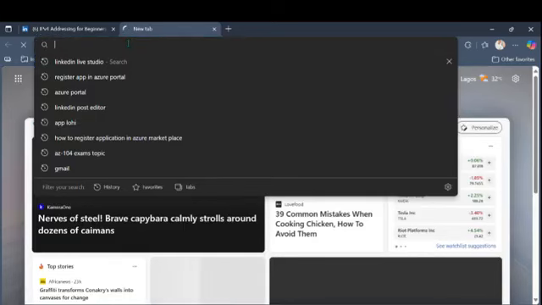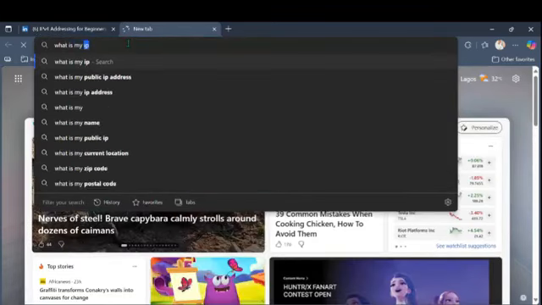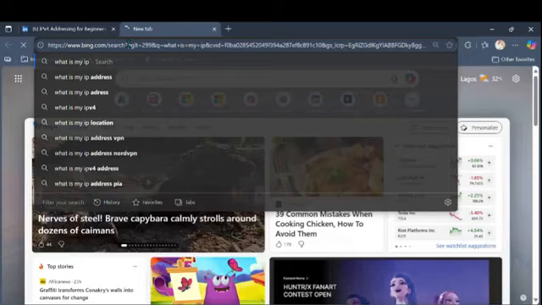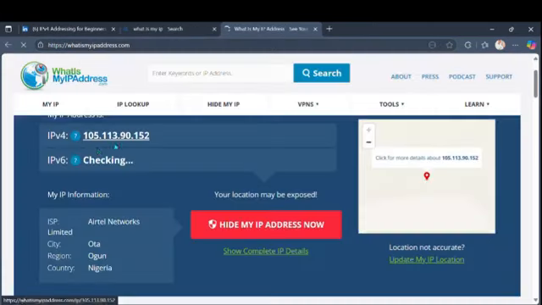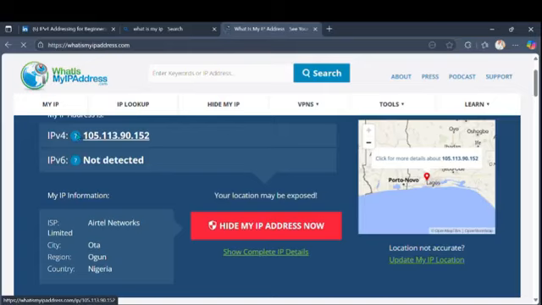If you open your browser and type 'what is my IP' and open this, here you see my IPv4 address. This is unique to my network. You will probably see numbers that are different from yours.